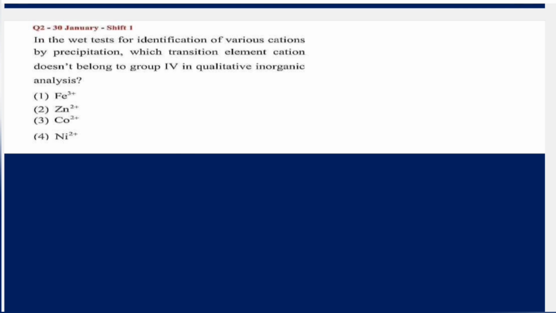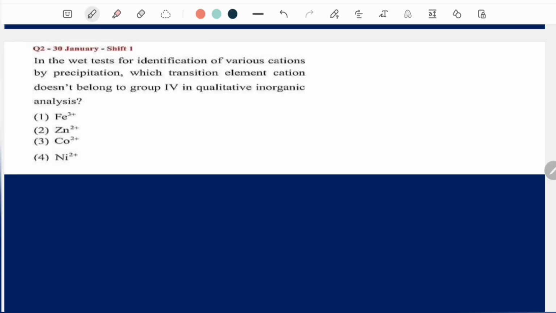Now let's check our options. They are giving Fe plus 3, Zn plus 2, cobalt plus 2 and nickel plus 2. See, generally Zn plus 2, cobalt plus 2 and nickel plus 2 belong to group 4.